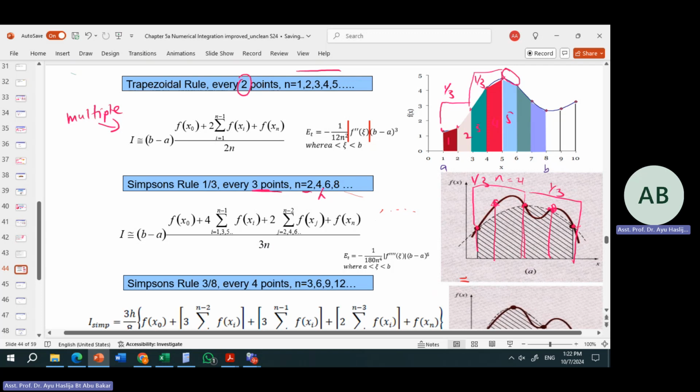That's why n equals 5 is not included here. It cannot be 5. 1/3 is every 3 points.